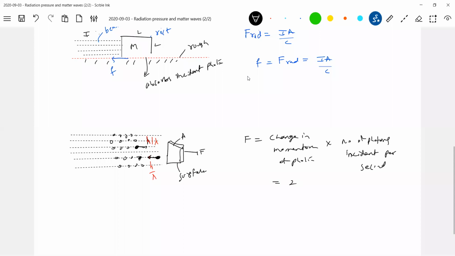The change in momentum of a photon is 2h by lambda, and the number of photons per second should be equal to IA lambda by hc. So this will be 2IA by c. So what is the radiation pressure? 2I by c. Like that, the incident light will exert a force, and that is called radiation pressure.